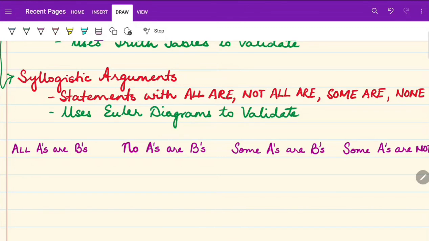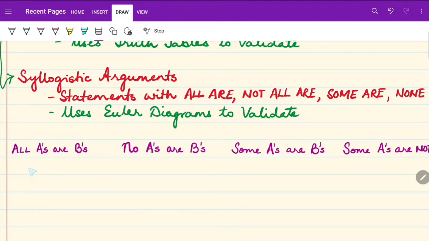So what are Euler diagrams? They're very similar to Venn diagrams that we had studied when we were learning set theory, right? The Euler diagrams will vary based on the phrasing in the statements of syllogistic arguments.